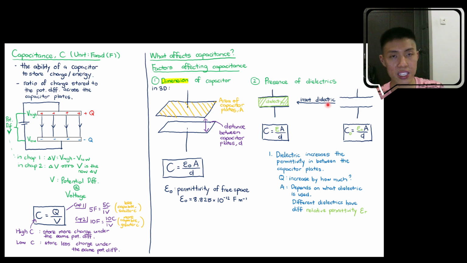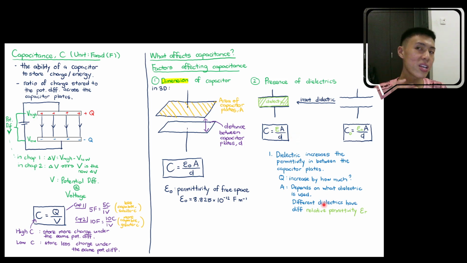Means if we insert, let's say, a certain kind of plastic, plastic is a dielectric, okay, so plastic has its own relative permittivity. Let's say if the relative permittivity of plastic is 2, then you increase by 2, meaning the permittivity will double.